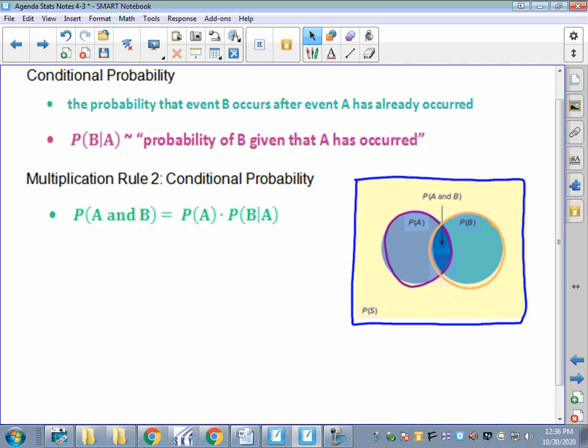So my formula for that is the probability of A and B is the probability of A multiplied by B given A. I wish I had given you the formula that we're going to do in just a minute first, because that's the formula that kind of makes it all make sense. So the probability of A and B, that overlapping, is the probability of all of bubble A times the probability of B given A. And that's hard to see on a Venn diagram, right? So we need to look at that other formula and see where that comes from.